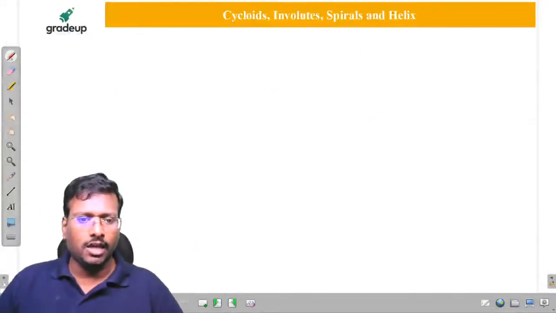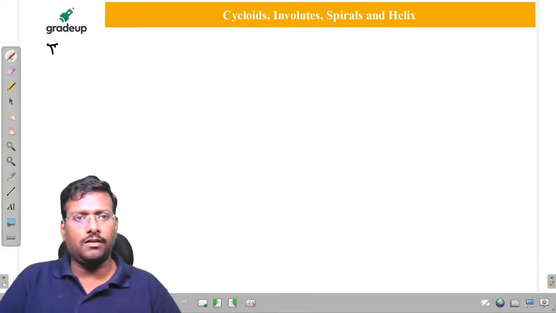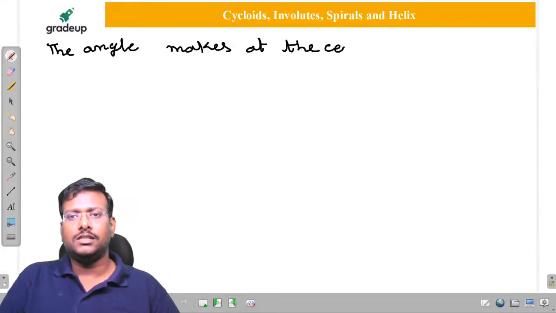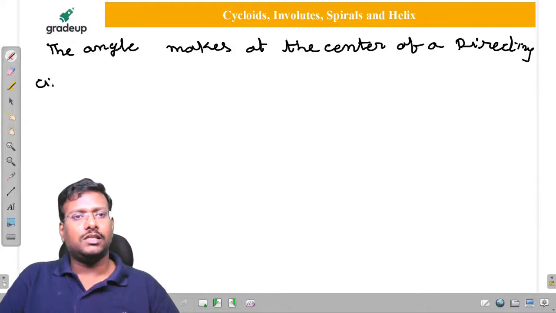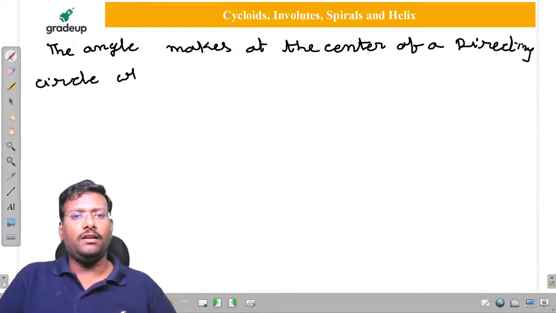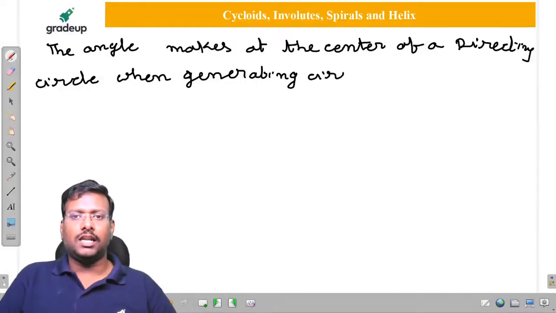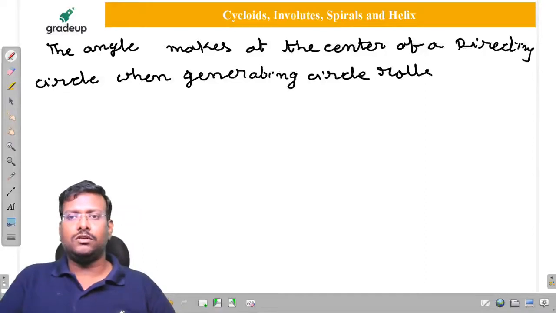So I am asking the question: the angle made at the center of the directing circle when the generating circle rolls for one revolution.